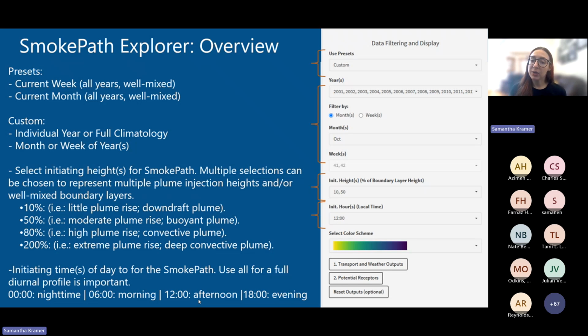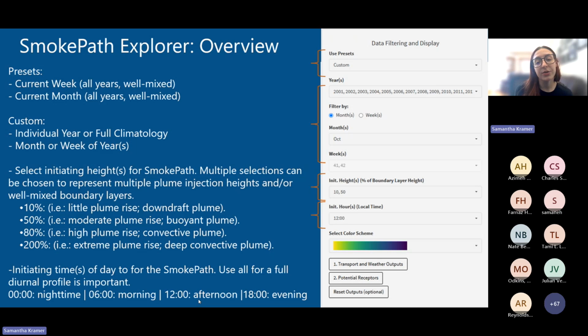So say you're looking at doing prescribed fires in the month of October, and you want to look at what your typical air transport looks like in the month of October. You could be planning a year out, you could be planning a month out, and still get a good sense of your expected smoke impacts and your typical fire weather for that time of year.